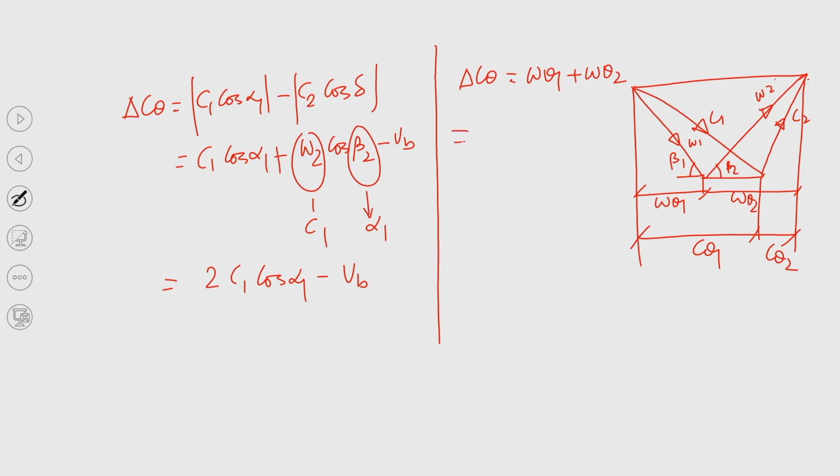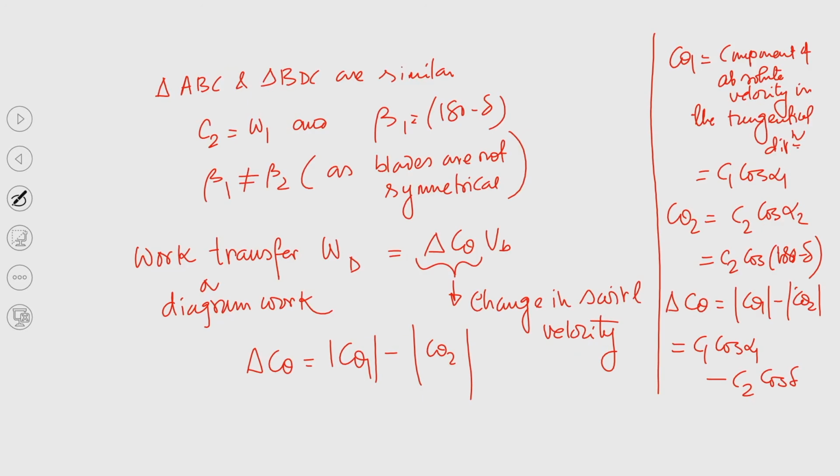Now, W theta 1 is equal to W 1 cos beta 1 plus W 2 cos beta 2. I can derive the same expression from different angles. So, that is cos beta 2, right. Now the question is, what is W 1? W 1 equal to, that is what I have written, W 1 equal to C 2 and beta 1 is equal to 180 minus delta.